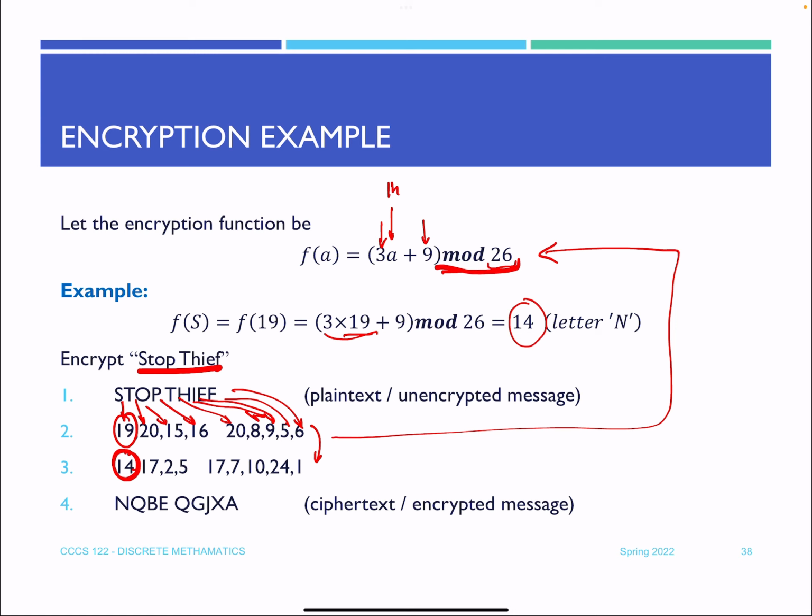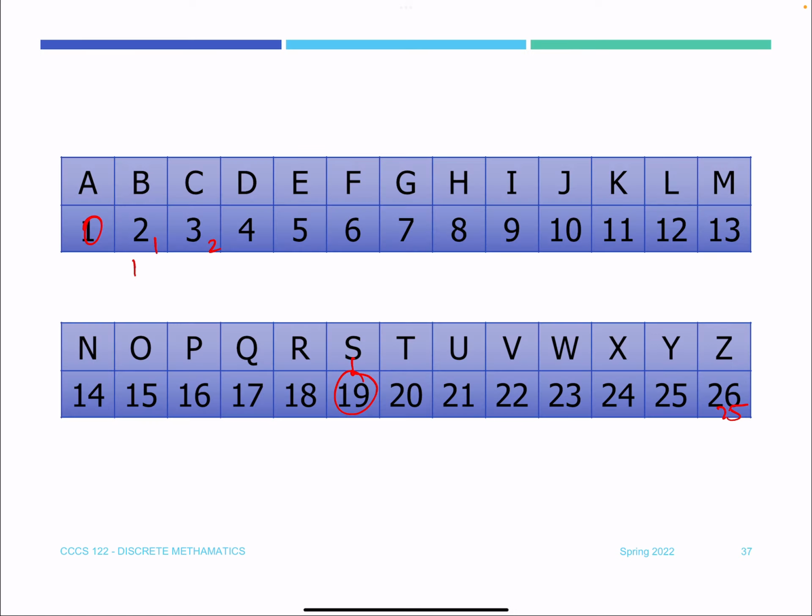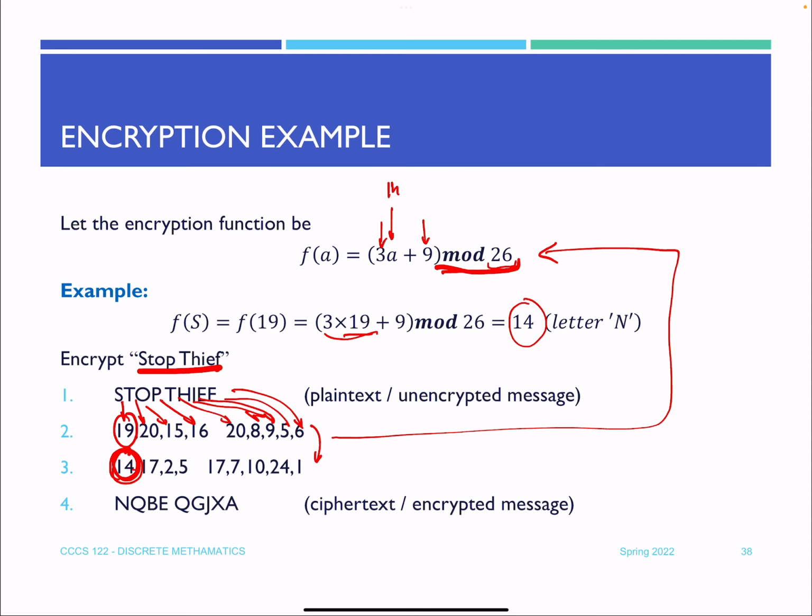The result turns out to be 14. That's what this is over here. 14 maps to the letter N. So in the encrypted message, the letter S is now replaced by N. You repeat that for all the letters in the message, and you end up with this message over here, NQBEQGJXA, which has nothing to do with English.